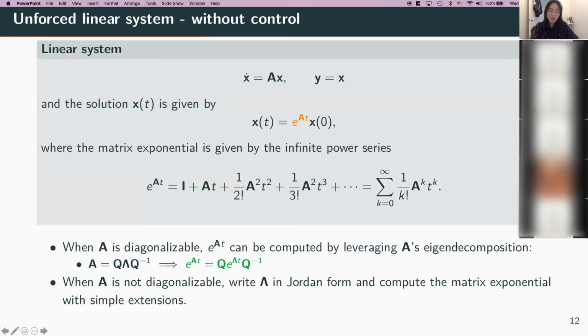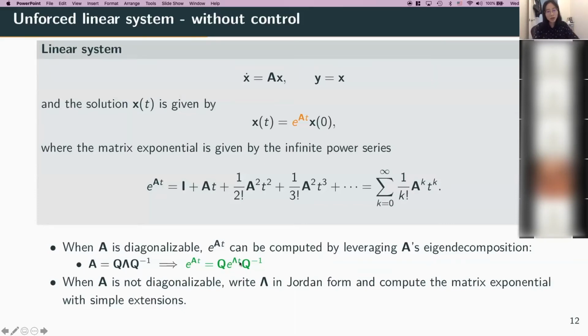Then the matrix exponential e to the At can just be written as Q multiplied by the matrix exponential applied to the diagonal matrix multiplied by Q inverse. And this term in the middle here is actually easy to compute because it's just equal to the diagonal matrix formed by taking e to the lambda t for every eigenvalue, which are scalars, and you put them at the diagonal. So this is easy to compute.